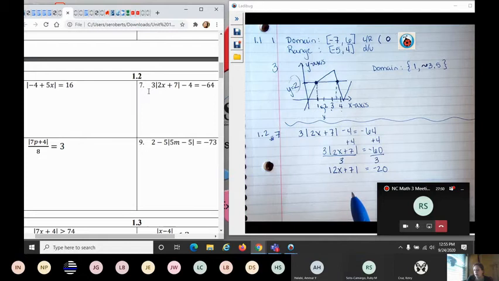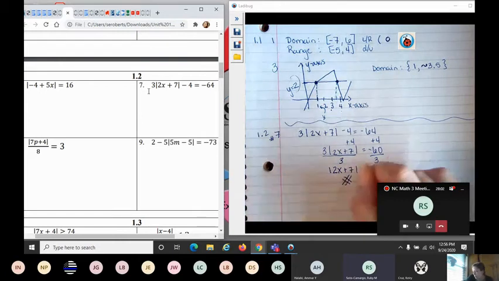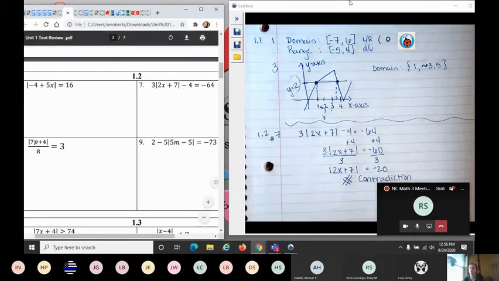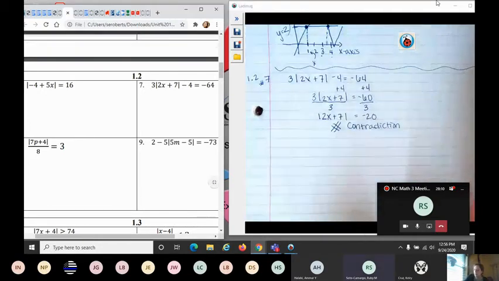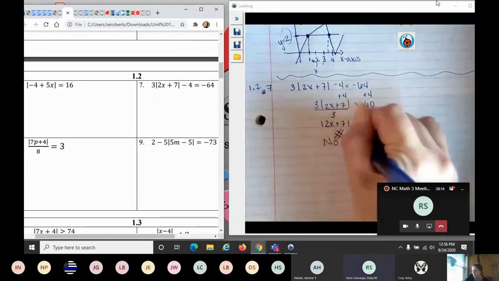They go positive. Yeah, absolute values are always positive, so they can never equal a negative number. So we have a contradiction. Okay, so the answer to this one is going to be that there are no solutions. Ruby, does that make sense to you? Yeah. Okay, thank you very much for your help.